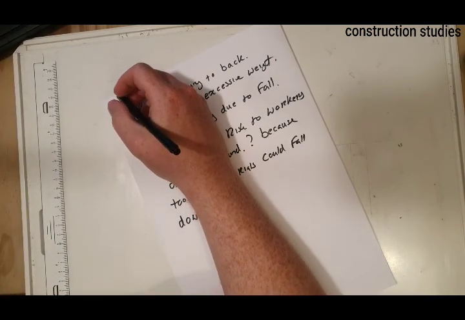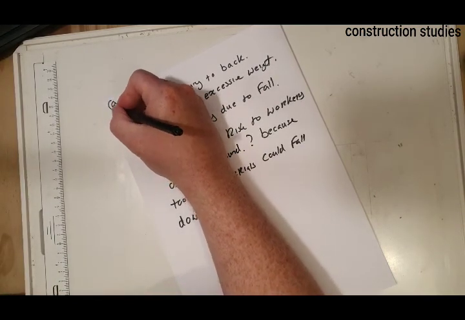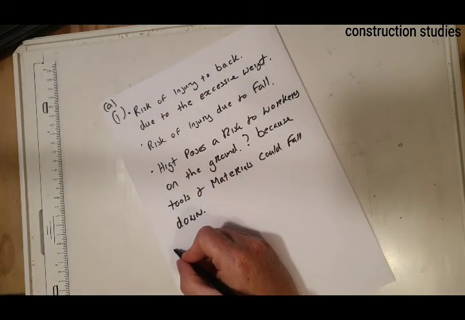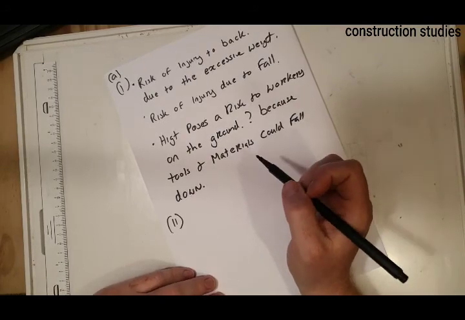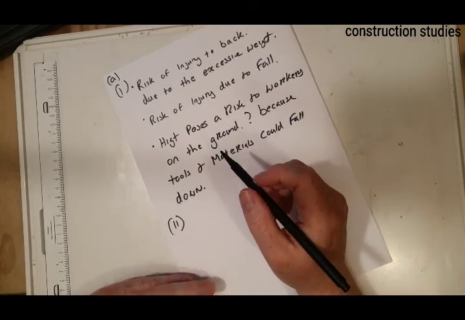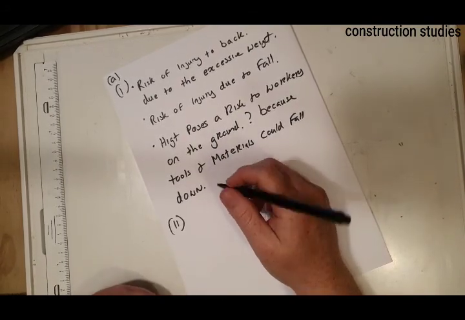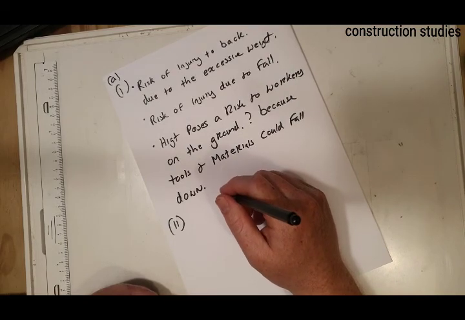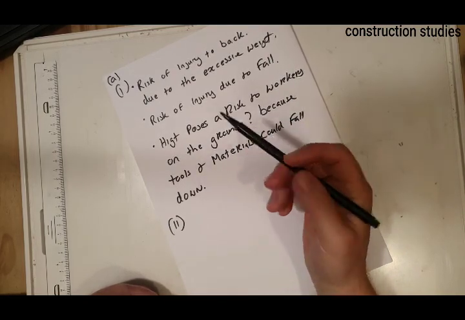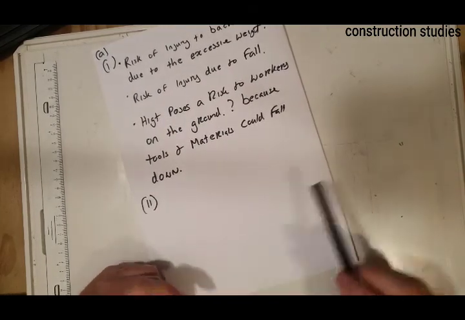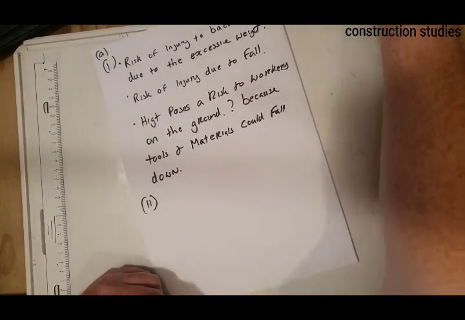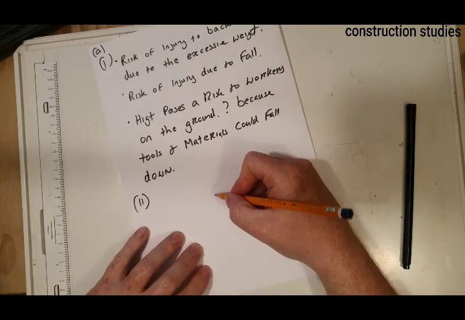That was the first part of part A. The second part of part A was laying pipes in a deep trench. Obviously there are risks there. We talked about trenches before.